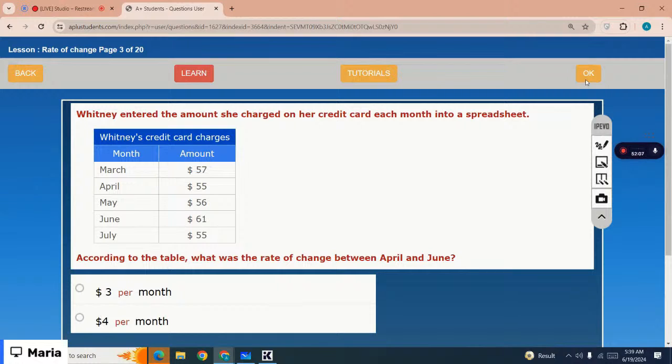So, which is the correct option? The correct option is $3 per month. Option number 1 is the correct option.